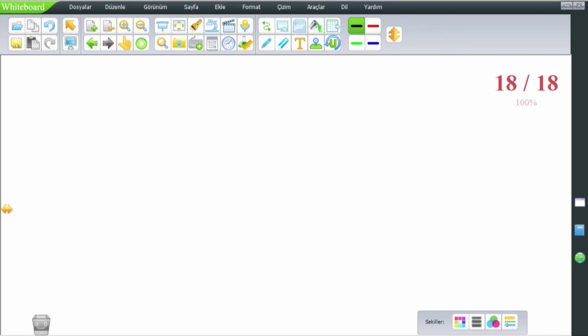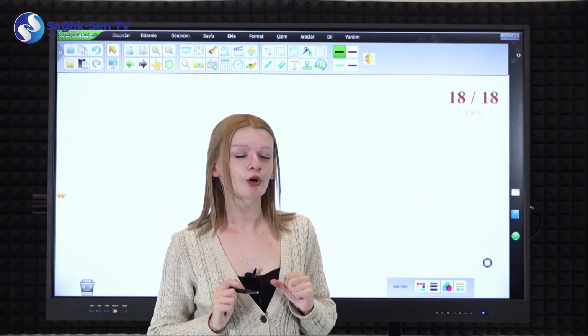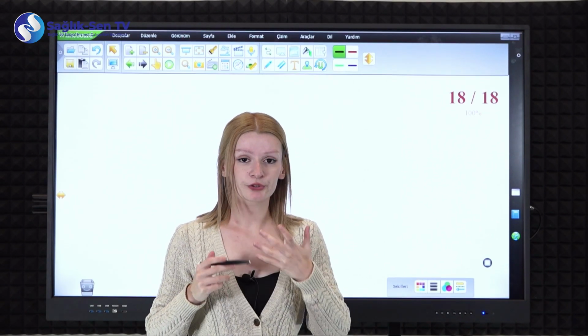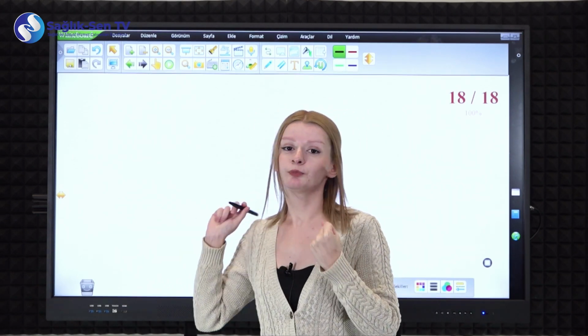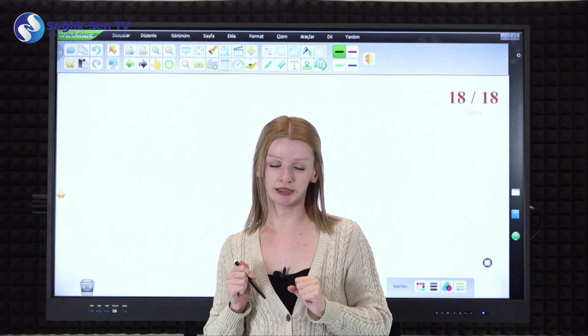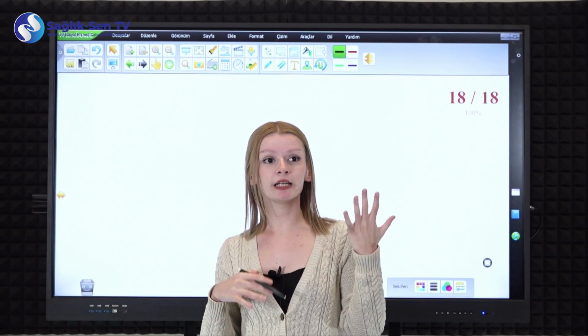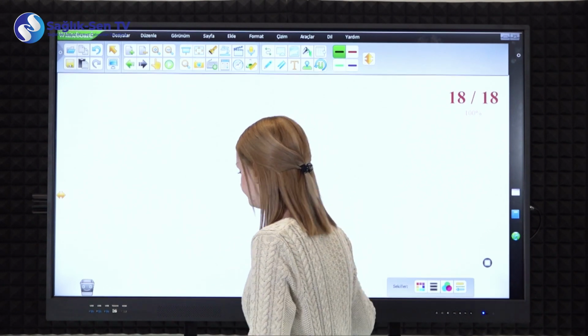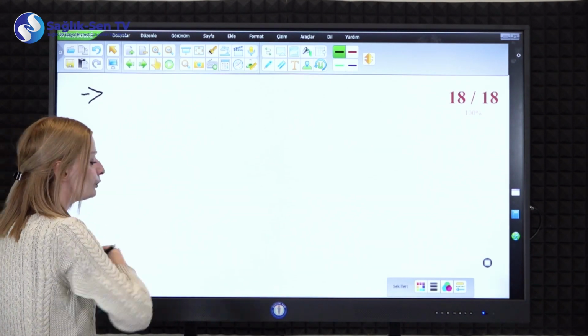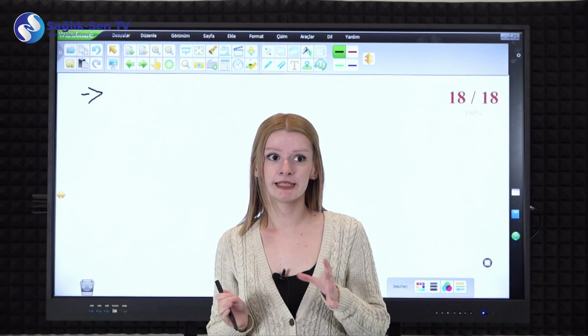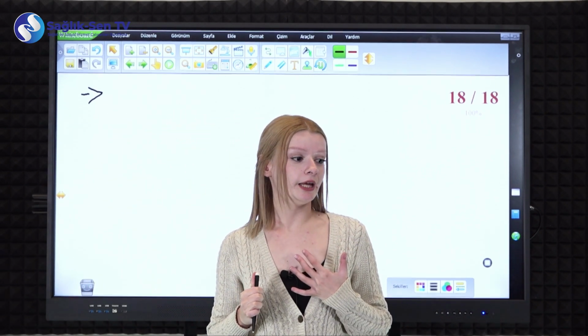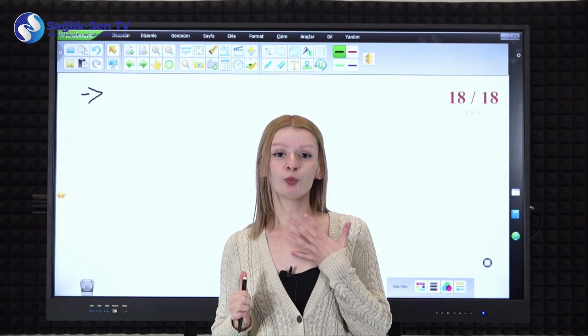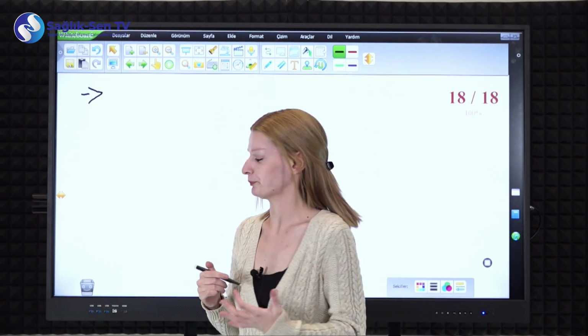Now let's give more examples differentiating the present simple and present continuous. Then we can do a review. We choose our tense according to what we want to tell.